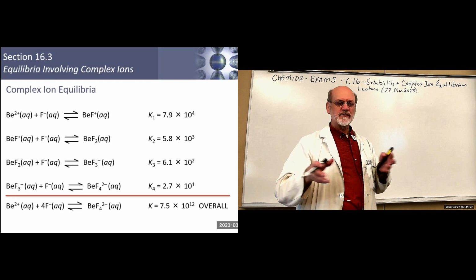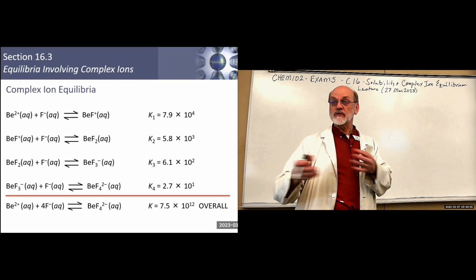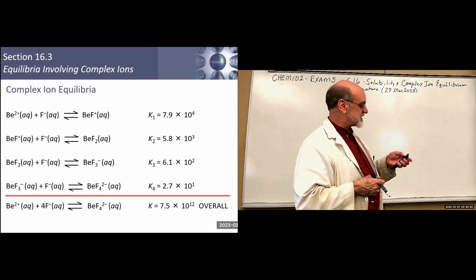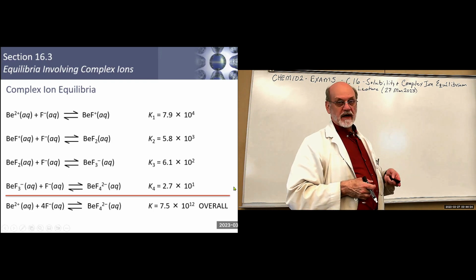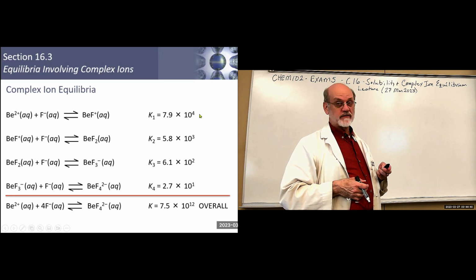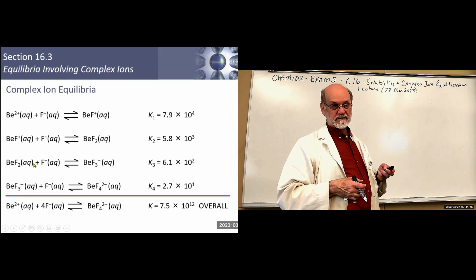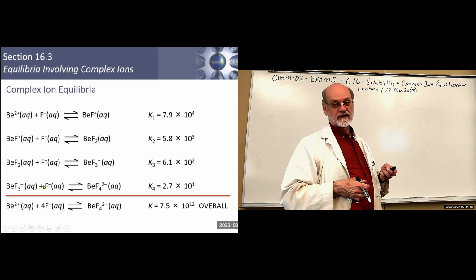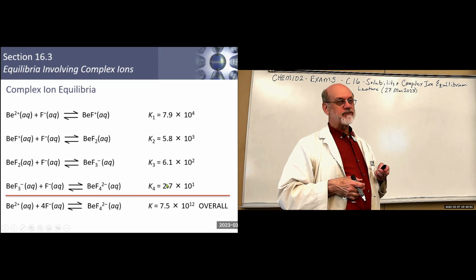This is just like acid-base reactions or acid dissociations. It happens in steps, right? So we get one fluoride with this equilibrium constant driven far to the right. And then we get that one and we add another fluoride, it's far to the right. Add another fluoride, it's far to the right. Add another fluoride. So we get 4 fluorides.